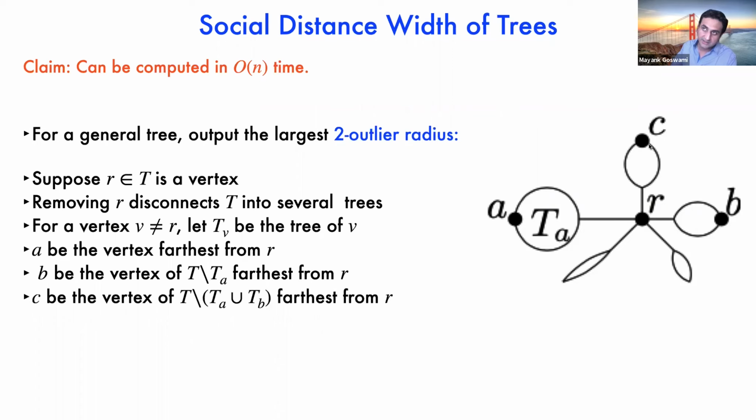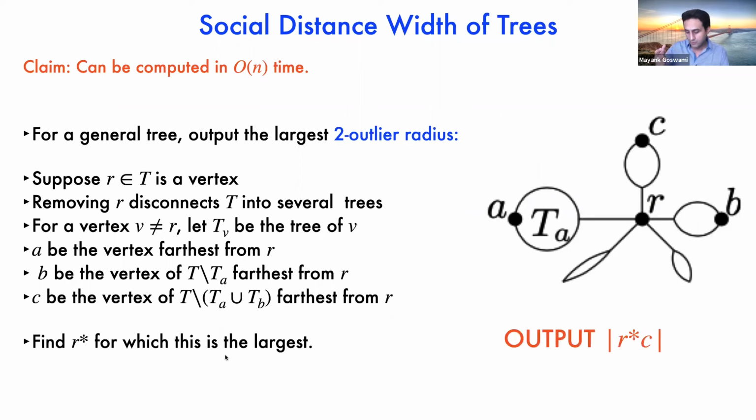Similarly, C is the third longest spoke, so it is the vertex of the tree minus TA and TB that is farthest from R. We'll call RC the two outlier radius of R, and you find the R for which this two outlier radius is the largest, and you output the largest two outlier radius. It turns out this is the answer for a tree, and this can be computed in linear time.